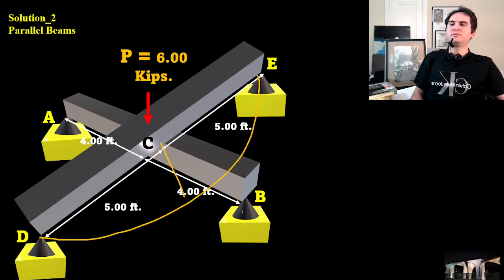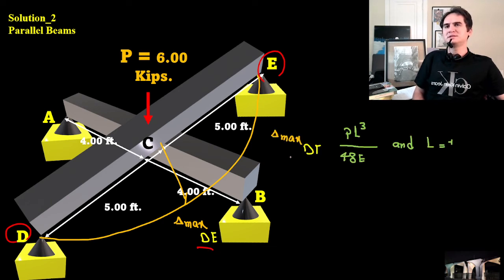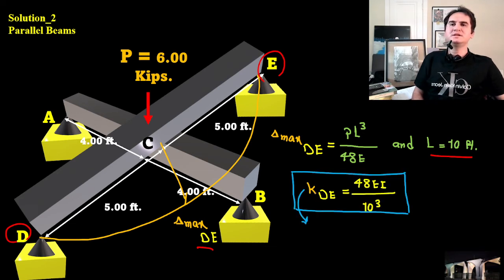The same for beam DE. This time considering the top beam DE, delta maximum is again PL cubed over 48 EI, and this time L is 10 feet. So KDE, the stiffness of beam DE, is 48 EI over 10 cubed.